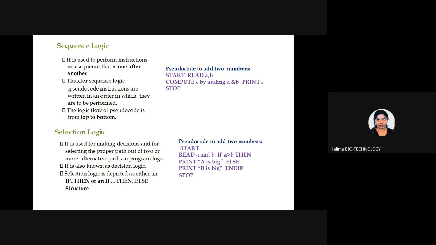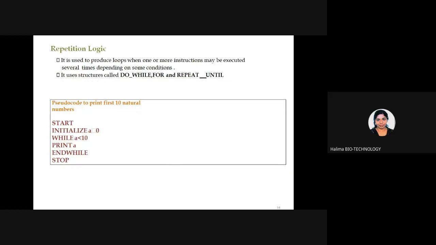So that is why pseudocode is not much used as a programming language. And if there is a programming language with pseudocode, it will be a little difficult for the program to run. And for repetition in pseudocode, you use these words: start, initialize, while, print, end while, and stop.